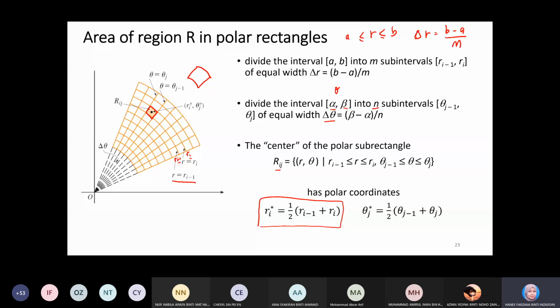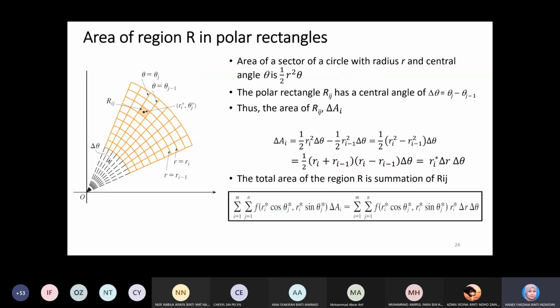It's just the average of R. And theta lies between theta j minus 1 and theta j, so theta j star is just the average of the theta.